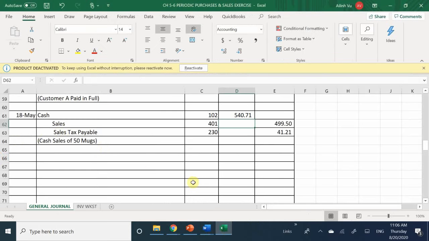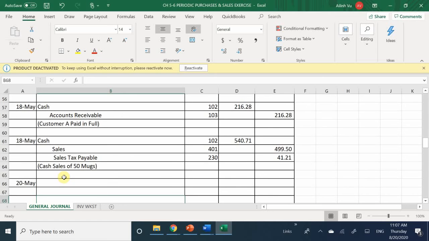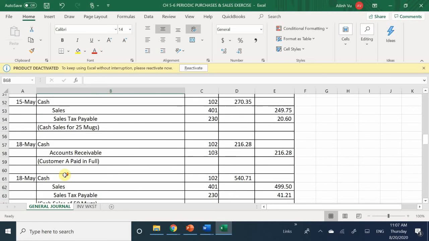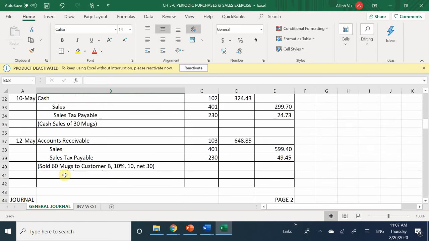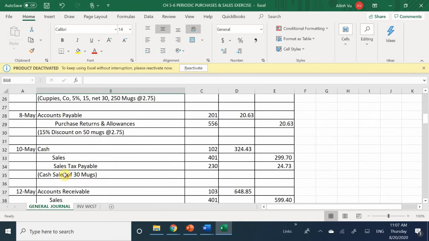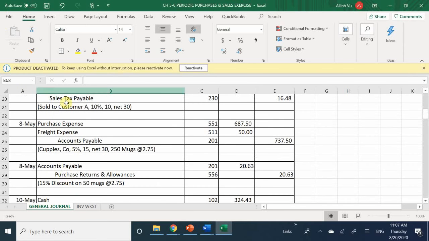So what is my journal going to reflect? Accounts payable, yes, as a credit. Purchase expense. Yes, the key word is we made a purchase, correct? And we're dealing with freight expense.